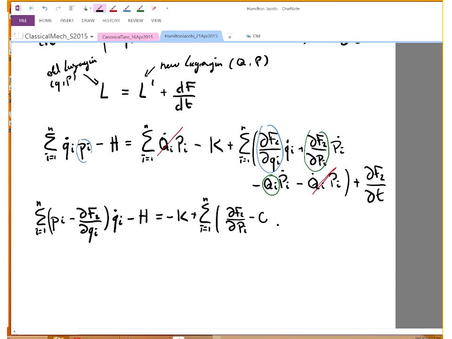And then it's minus capital Qi, and that all multiplies Pi dot. And then I have ∂f2 by ∂t at the end.